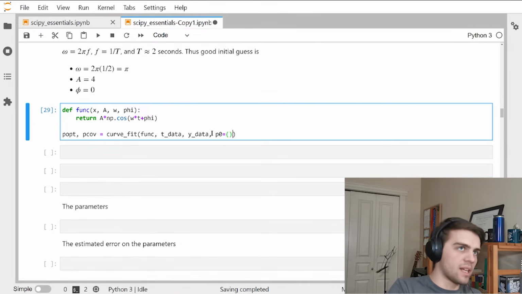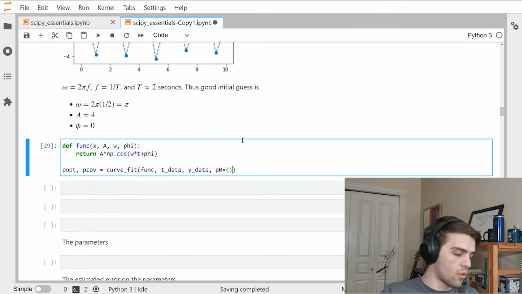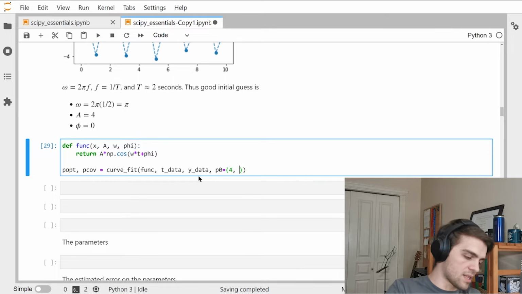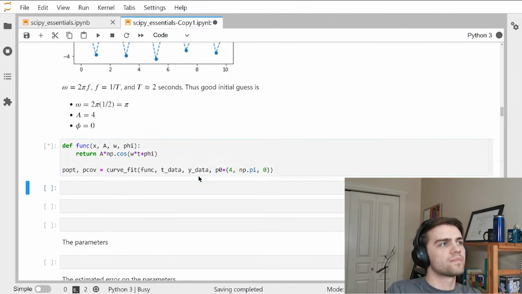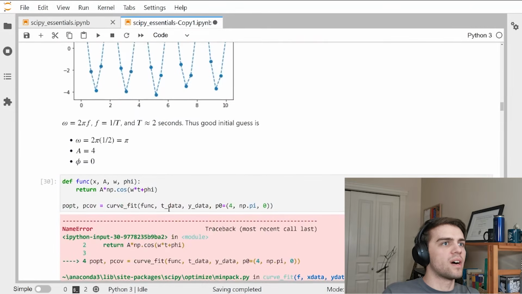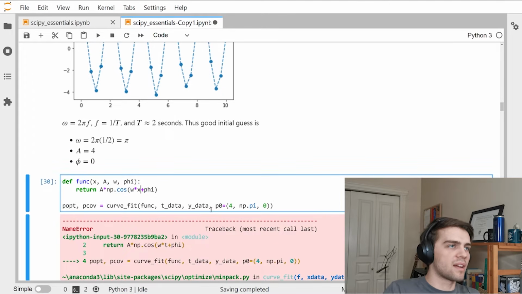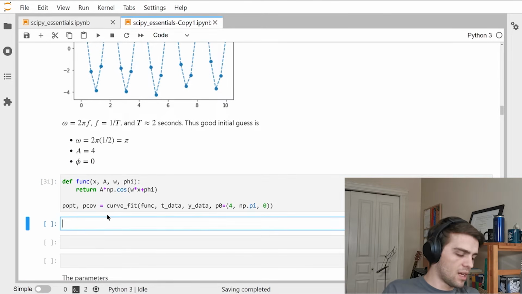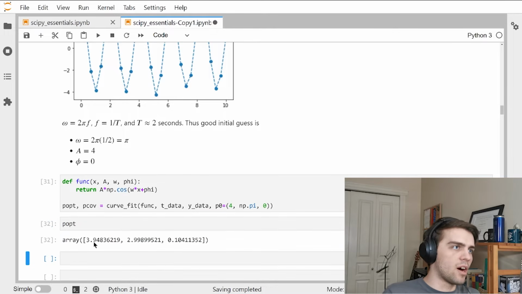I've decided already that a good initial guess was A is 4. Remember that A is the first parameter here, so A is 4, omega is np.pi, and phi is 0. There's an issue here, t is not defined, and that is because it's x that I have to give here. Now I can look at popt, and it will give me my optimal parameters.